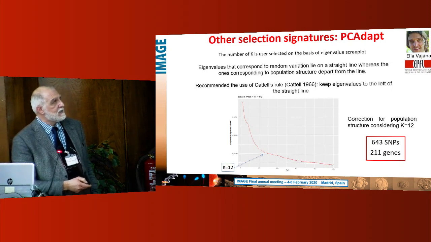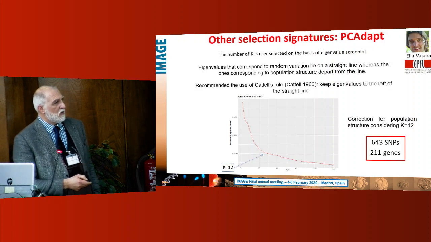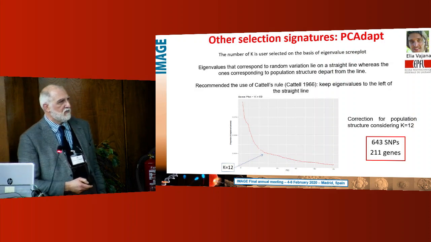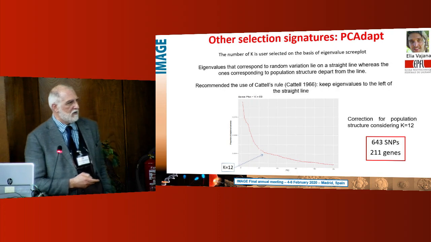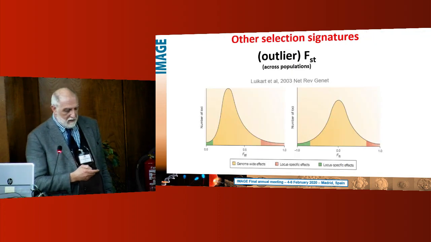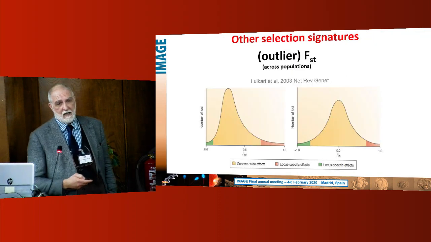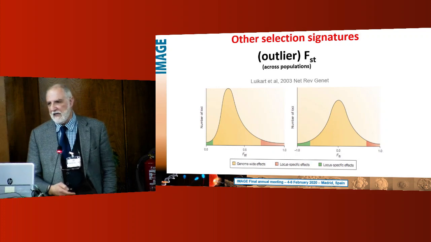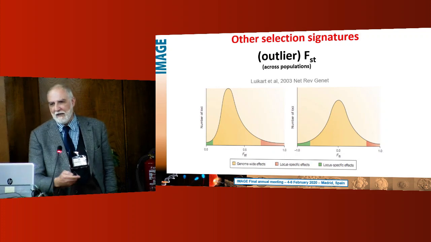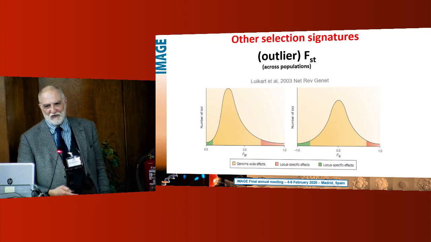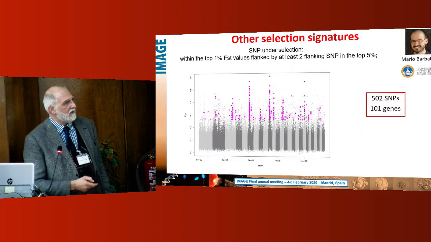And this PCAdapt approach identifies 643 SNPs and 211 genes. And then the last that we applied is the classic FST, quick and dirty, with no population structure correction. In this case, Mario did it, and we found 101 genes.